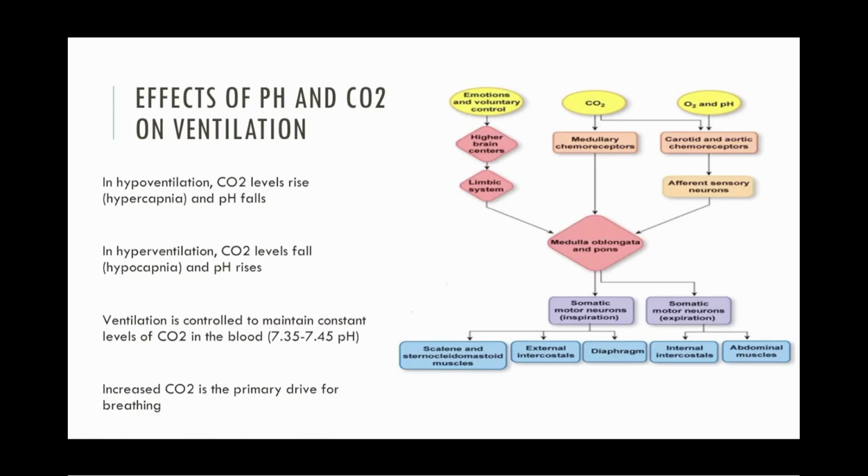In hypoventilation, CO2 levels rise, called hypercapnia, and the pH levels fall. In hyperventilation, you're breathing off all that CO2. Hypoventilation, you're not breathing enough, so you can't exhale the CO2, so it builds up in your blood.